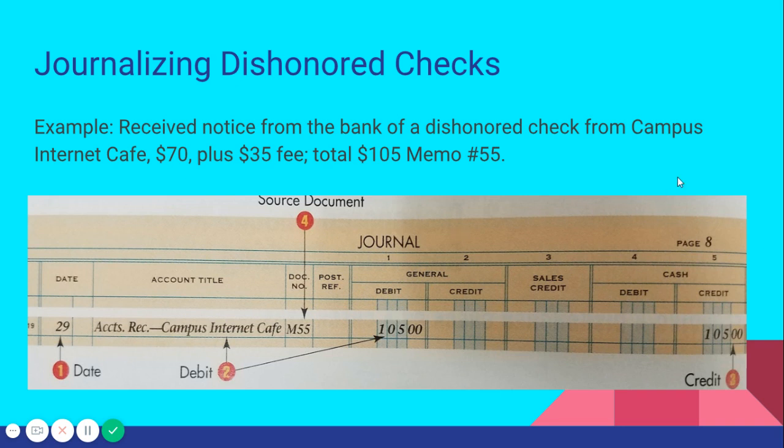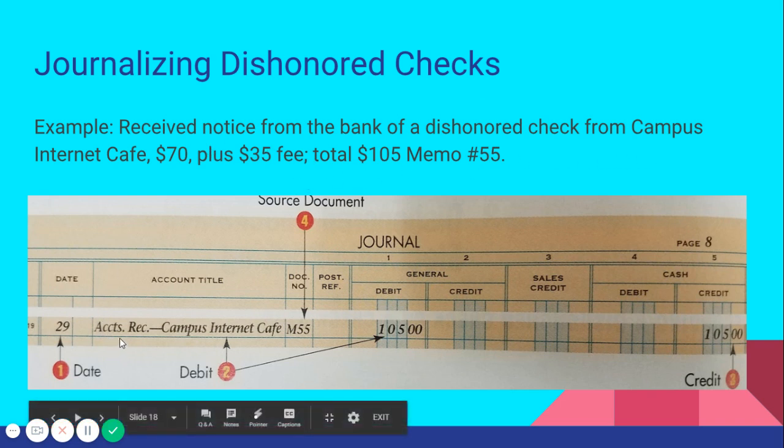So, journalizing dishonored checks, here's an example. You received a notice from the bank of a dishonored check from Campus Internet Cafe for $70 plus a $35 fee. The total of those two would be $105. To journalize this, when you receive a notice of a dishonored check, this would be accounts receivable from the place it's from.